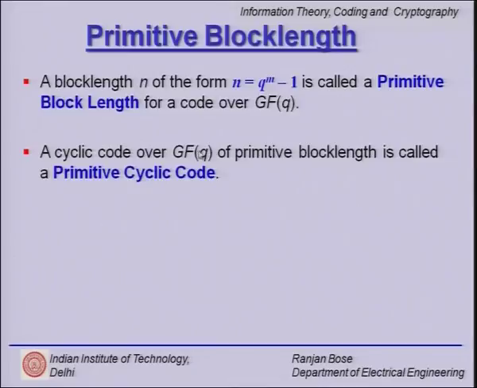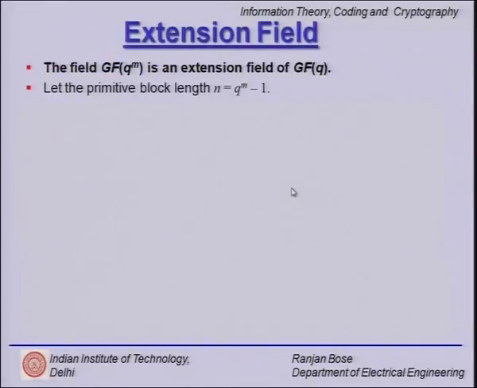So, a cyclic code over GF(q) with primitive block length is called a primitive cyclic code. Now, we would like to work a little bit more on the extension of the factorization part, and so let us say that GF(q^m) is an extension field of GF(q).